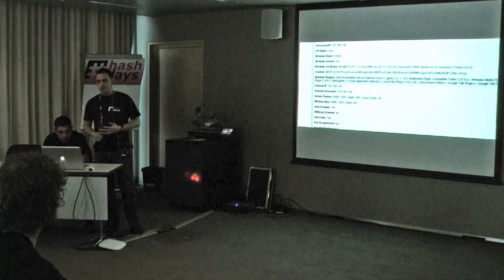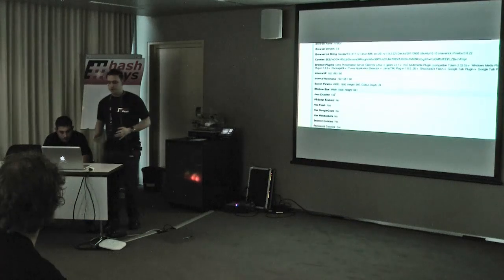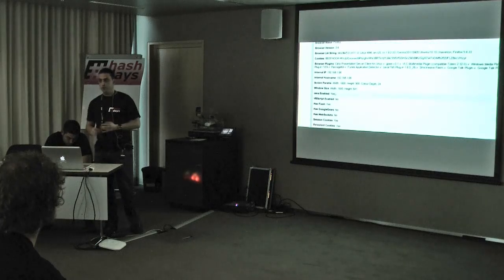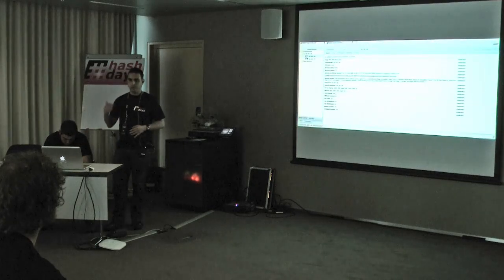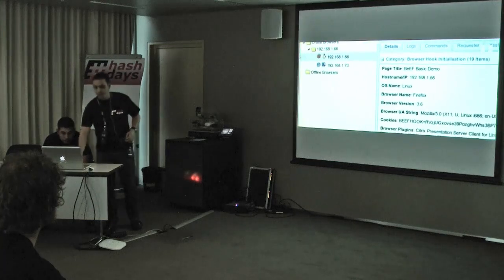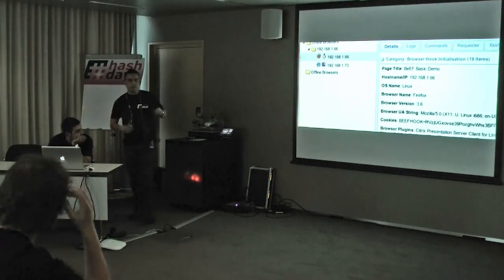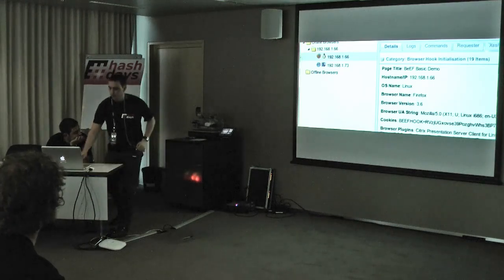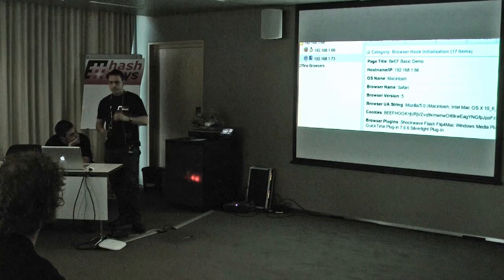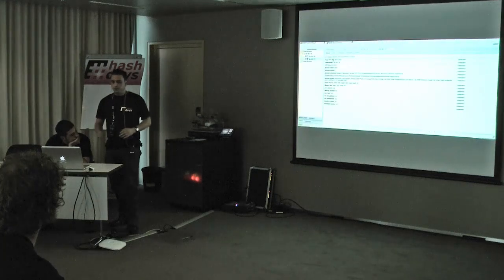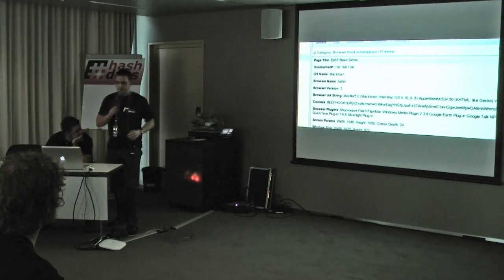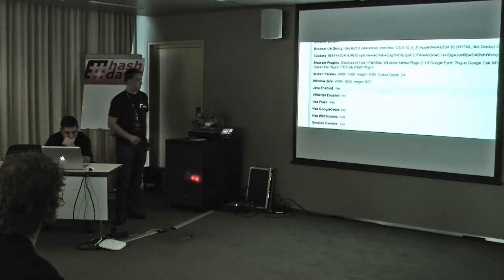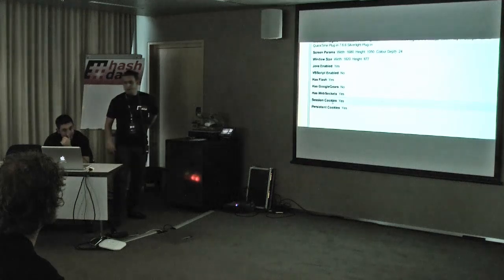We can see as well the plugins that the browser has, the internal IP address, and if it has Java enabled, Flash, WebSocket support. This is a second victim that we connected that is running Safari on Mac. And with the same approach, we can get the information about that victim: browser, plugins, screen size, has Java enabled, and so on.